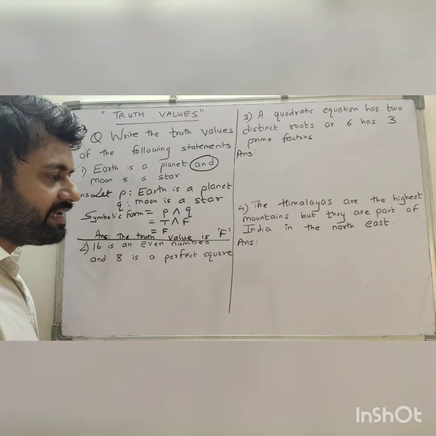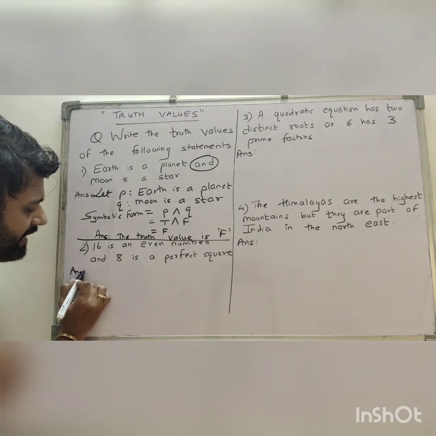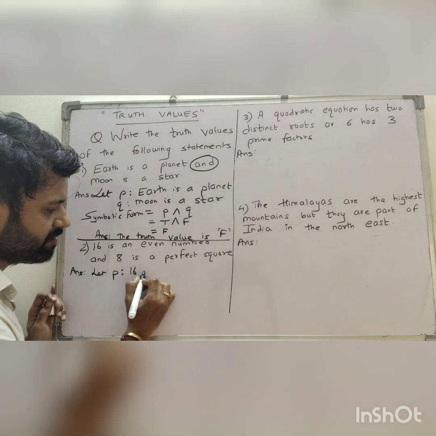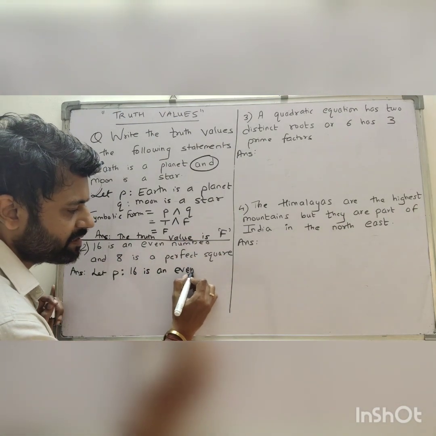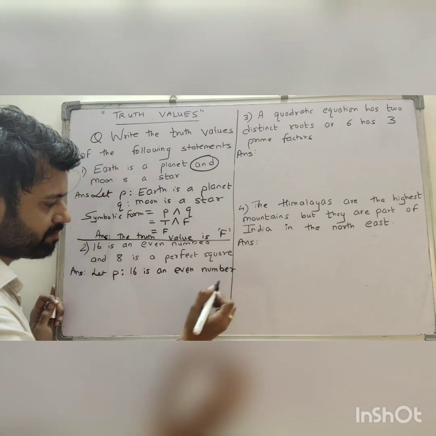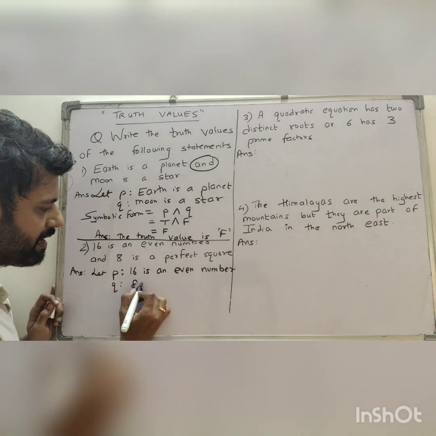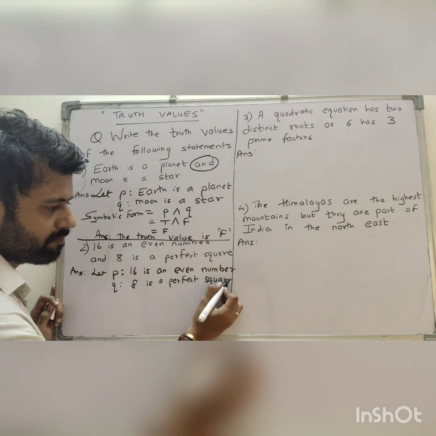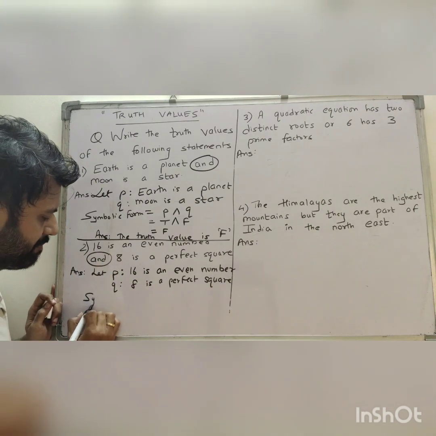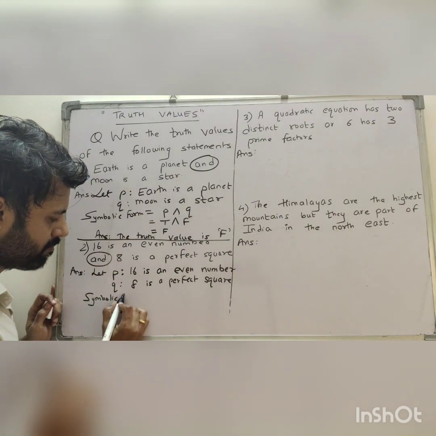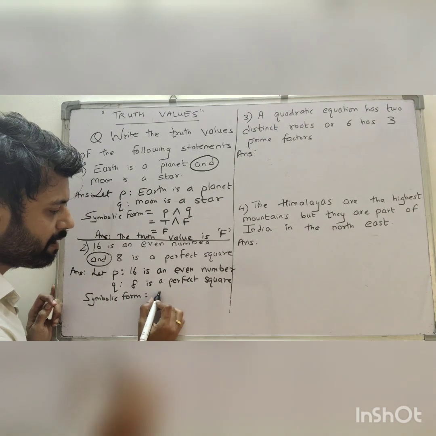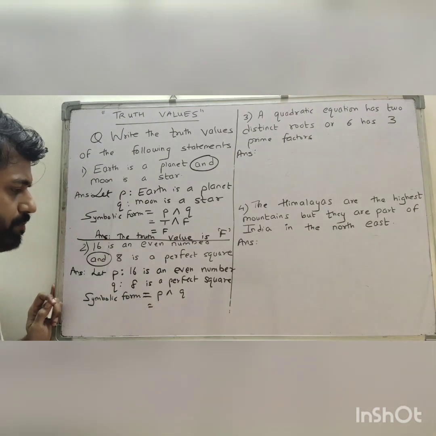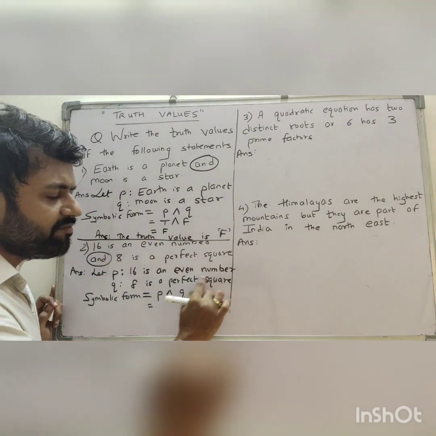For the next example, let P be 16 is an even number. Q be 8 is a perfect square. Symbolic form will be P and Q. 16 is an even number.